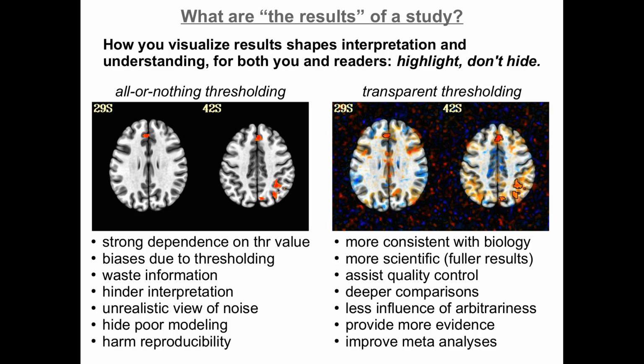Your study is only showing these blobs here. Another study of more subjects or of a slightly different gambling task might have regions that are slightly different in shape, and then they're going to look fairly different fairly quickly. Consider thresholding here. Well, this is more consistent with biology. We know that the brain is not simply on-off in a given region.